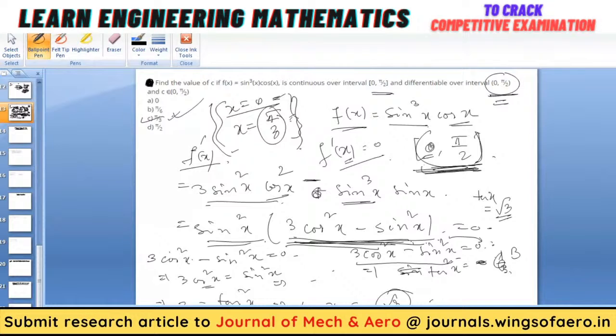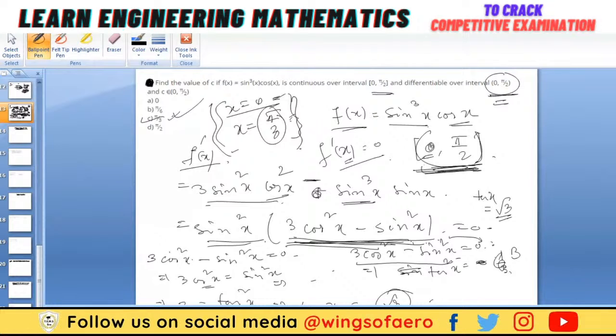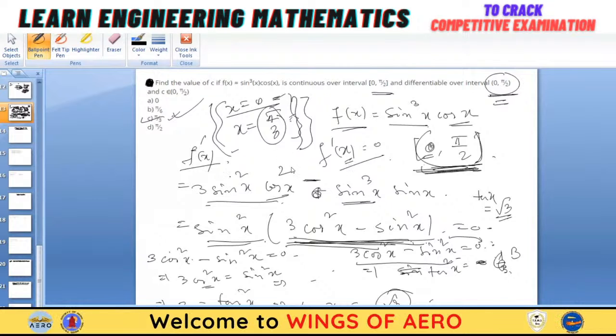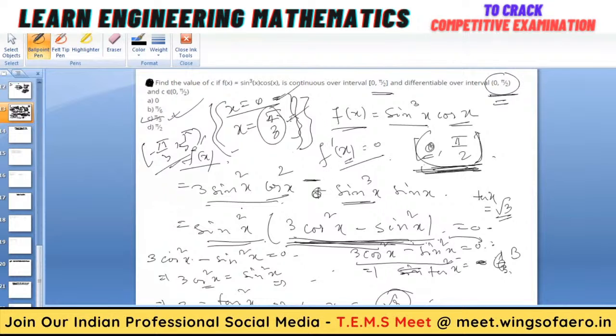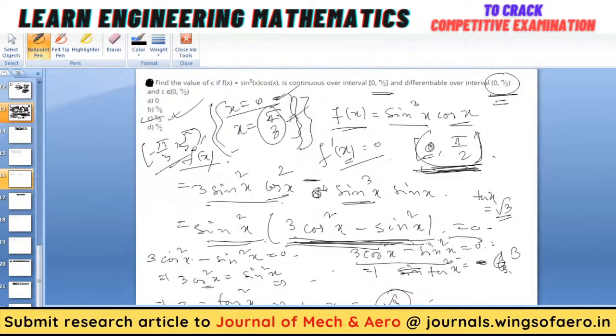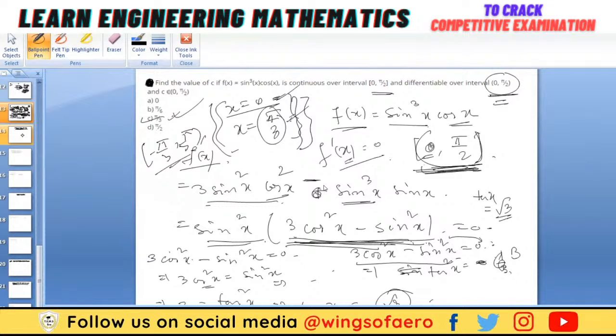If the interval is extended, obviously you have to choose both points. If the interval is minus pi by 3 to pi by 3, you have to choose both points x equal to 0 and pi by 3. So I think it is clear to you. The mean value theorem is completed here.